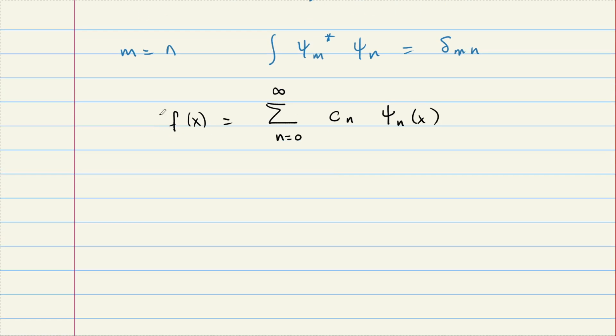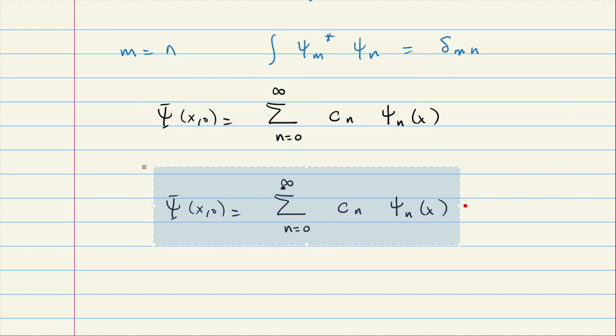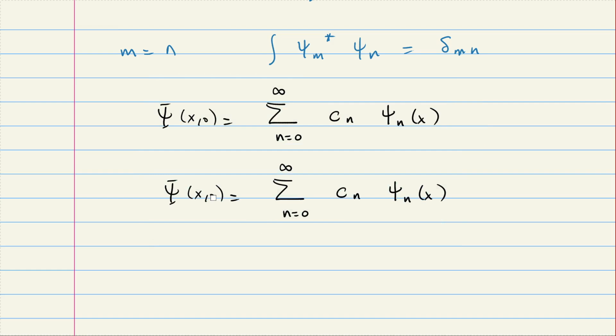Or suppose this is an initial state, psi of x, 0. If you want to find time dependence, just take this form, write here t, and put here e to the minus i over h bar, E n t. But unlike the box, here E n is h bar omega times n plus a half.